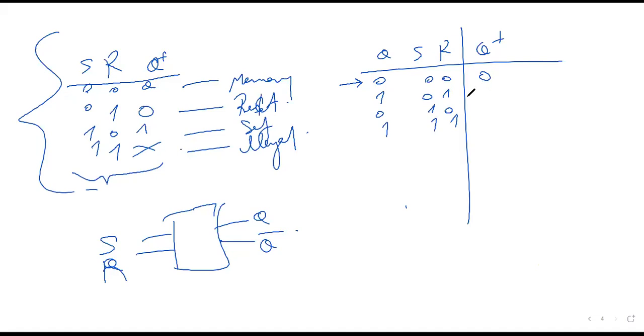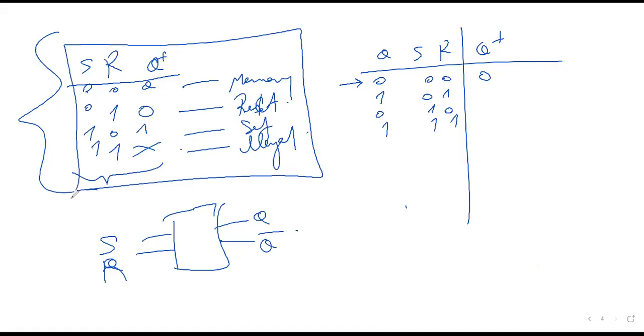Here, our next state is 0. How did we get 0? We got 0 because we are using this table right here. What this table tells us is if S is equal to 0 and R is equal to 0, we have what we call the memory state. When we have the memory state, it means the present is equal to the next. So another case, we have those inputs.